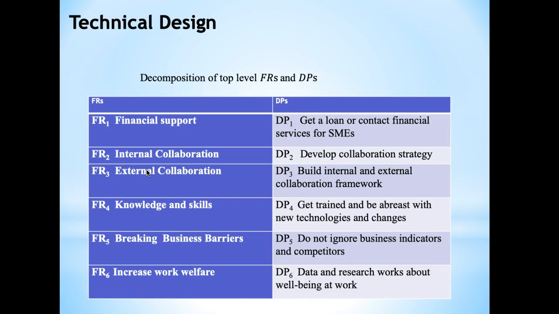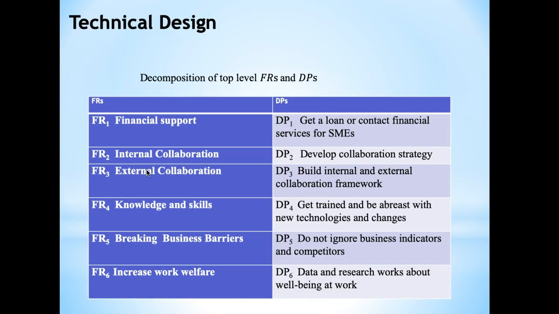FR1 has a DP1, which is get a loan or contact financial services for SMEs. So this is an approach to get a solution for the problem the SMEs are facing. Or another one is breaking business barriers, for instance, FR5, and the design parameter is do not ignore business indicators and competitors.